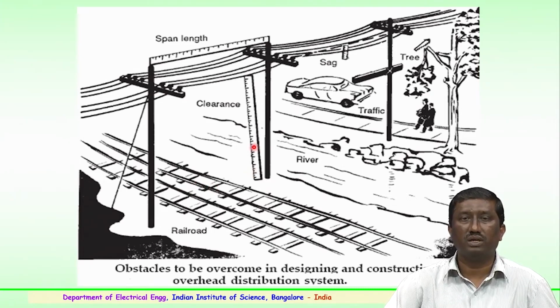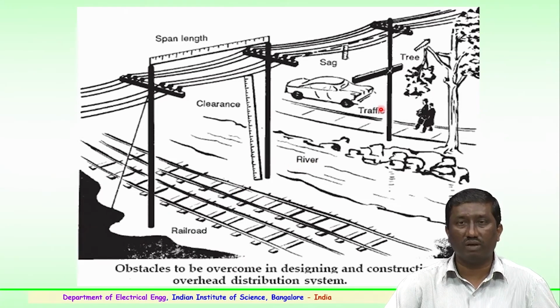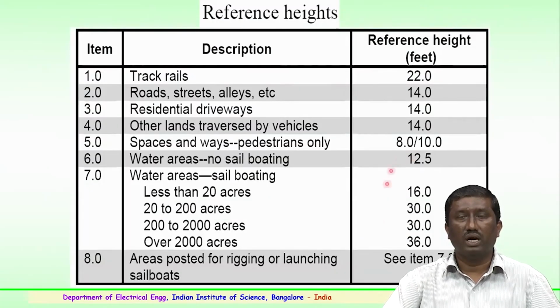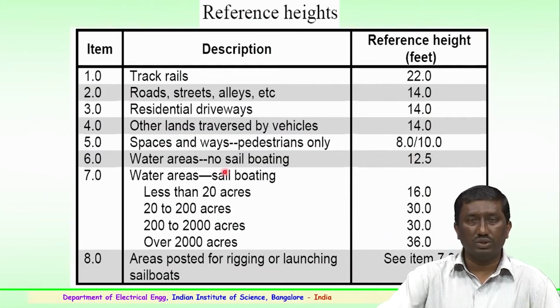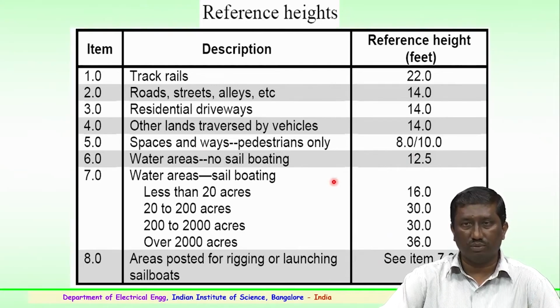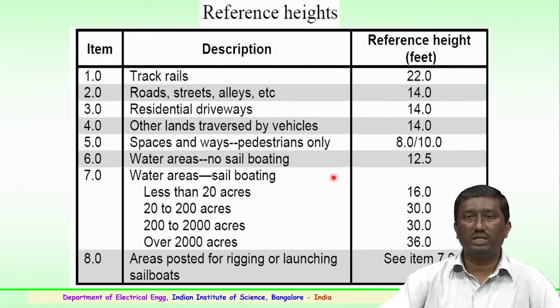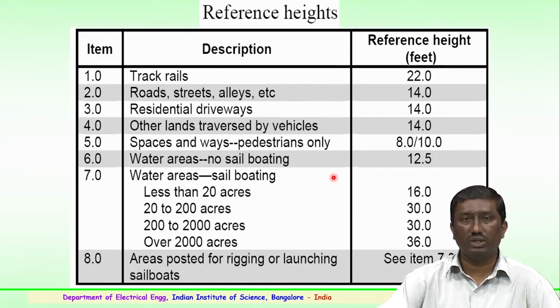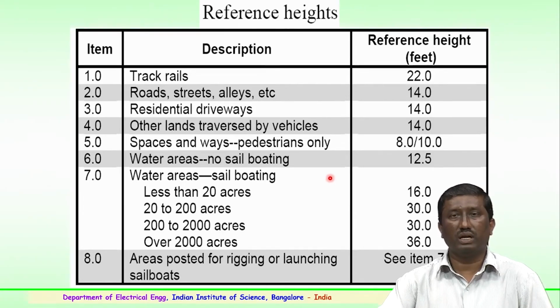The minimum clearances to be added for the trains, or in the case of a river, or normal traffic, or because of vegetation, the following clearances have to be maintained. This gives the reference height, particularly in feet, to be considered for the distribution lines in addition to the electrical clearances.